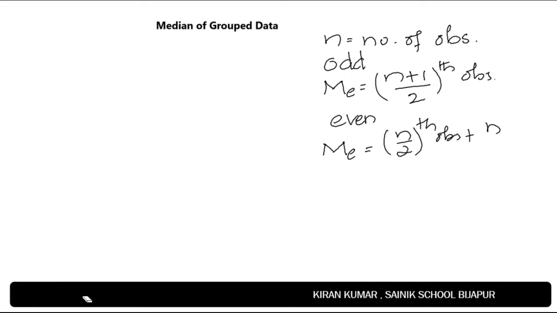It's the mean of the n by 2th observation and the n by 2 plus 1th observation. Suppose there are 8 observations, then the average of the 4th and the 5th observation will be the median. But for a group of data, it is a completely different method.